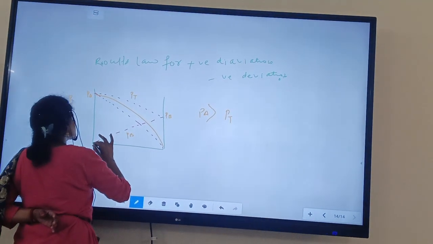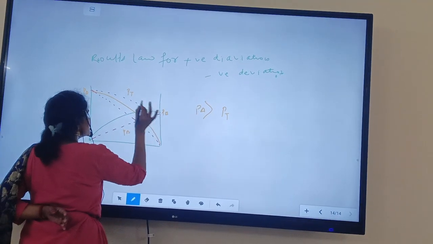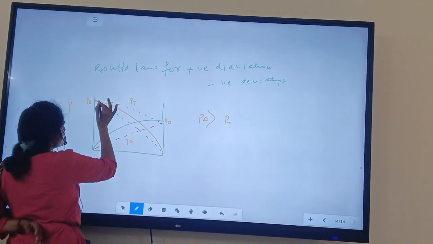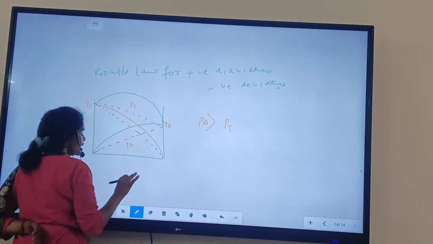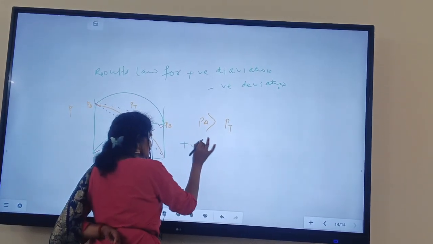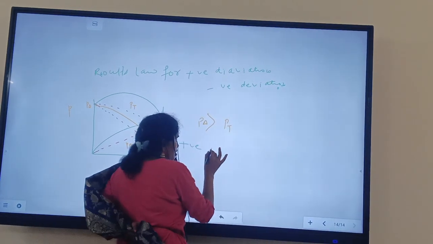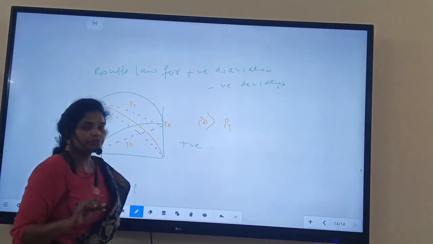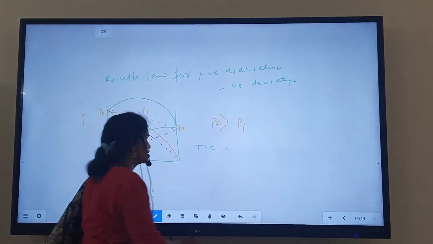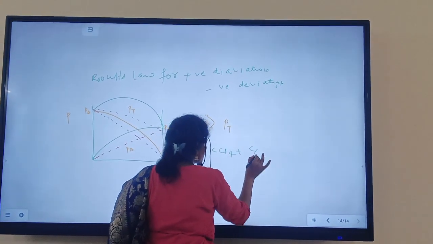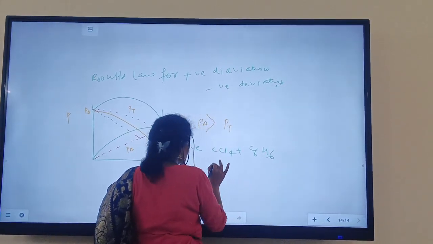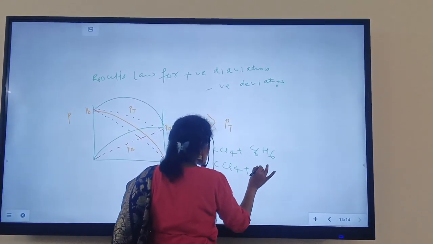Okay, and total pressure will be from here. The positive deviation means more volatile components are present. Here example is CCl4 plus C6H6. Okay, CCl4 plus.